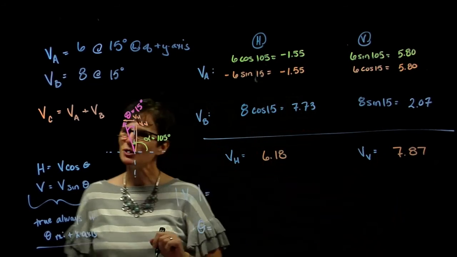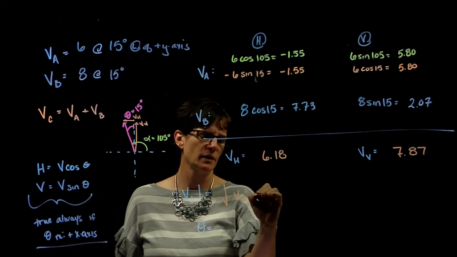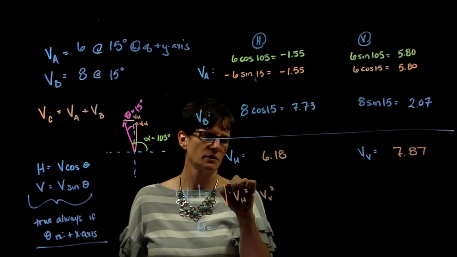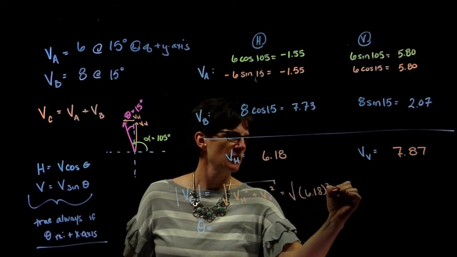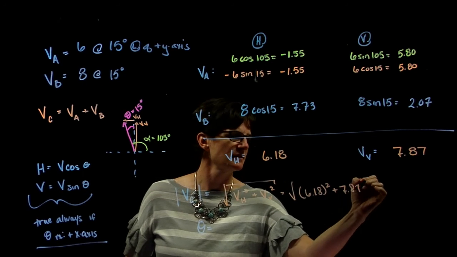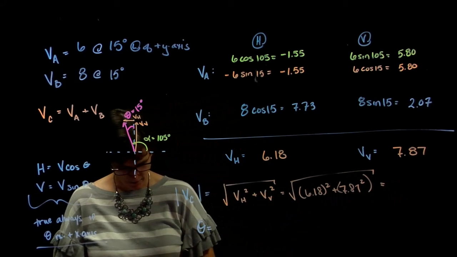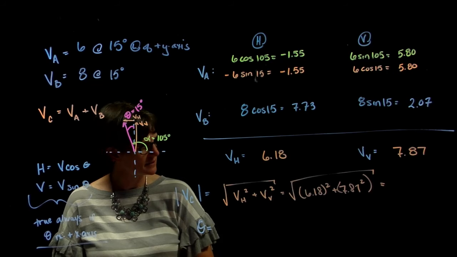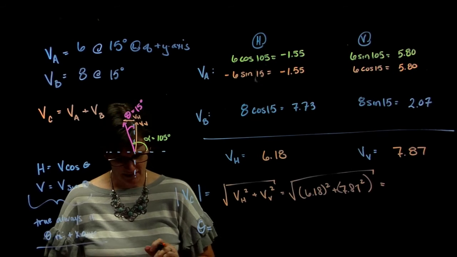Now, to find the magnitude of that vector, remember we take the square root of the horizontal component squared plus the vertical component squared, so 6.18 squared plus 7.87 squared. Take the square root of that.